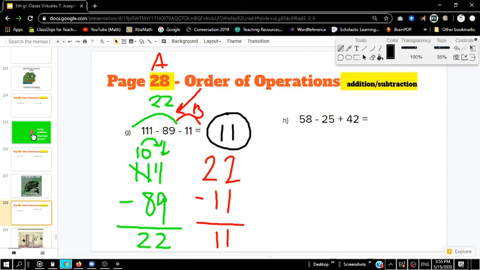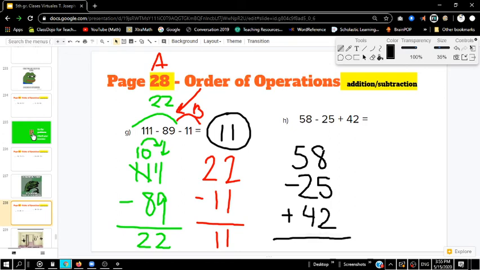Okay, let's do that last problem, letter H. Okay, 58 minus 25 is going to be the first part of the problem. Now, I suppose if you really, really wanted to, you could set it up like this. 42. If you really, really wanted to, and you're a really good mathematician, you could take 8 minus 5, which is 3, plus 2, which is 5.